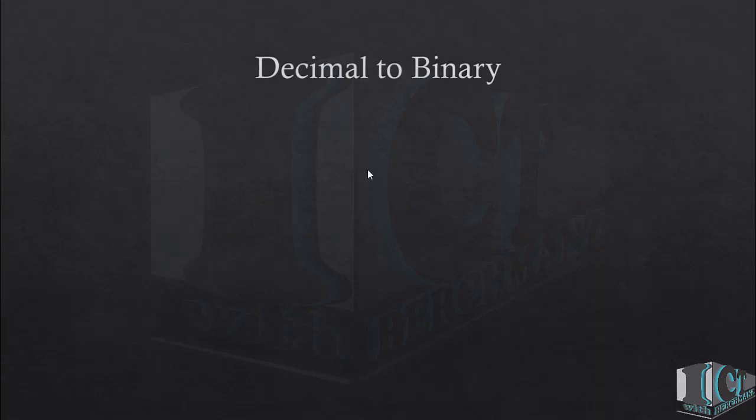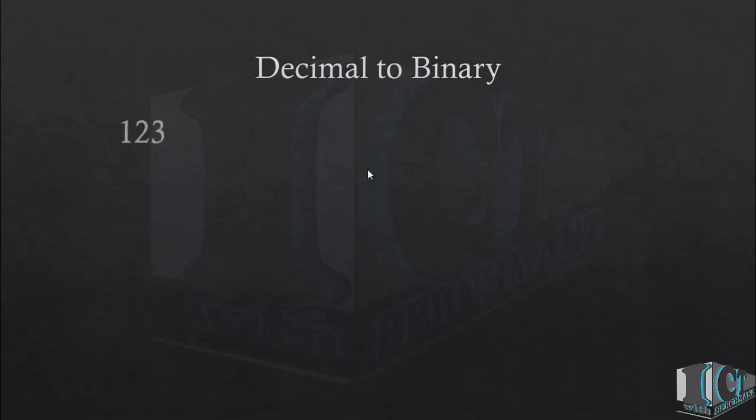Converting a decimal number into binary. Let's start with the traditional system. Let's say I have a number 123 base 10, which means that 123 is a decimal number, and I want to convert this number into binary.